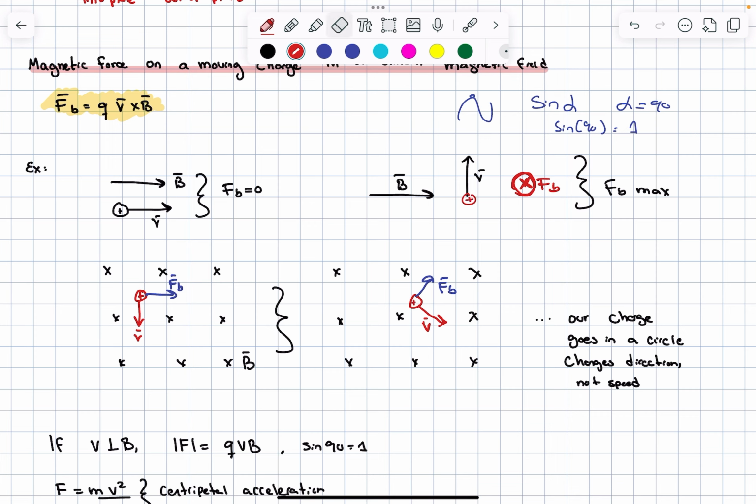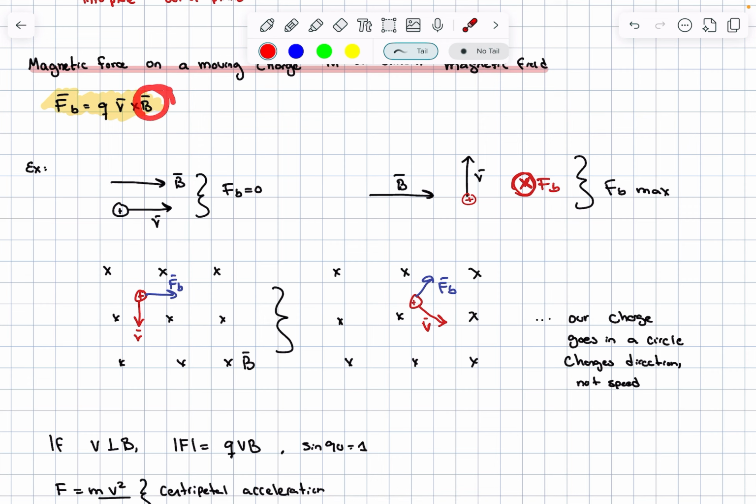Now we want to know where is that force pointing. So we're going to have to use our right hand rule. We take V, use our index finger to point in that direction, B to point with our middle finger in the direction of B, and then our thumb points in the direction of F. So pointer finger, your index finger goes in the direction of V, put your middle finger in the direction of B, and then wherever your thumb's pointing, that's your force.